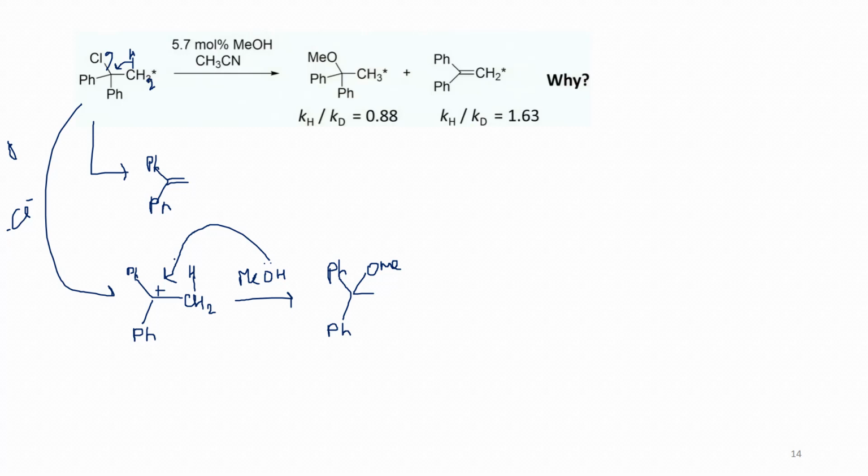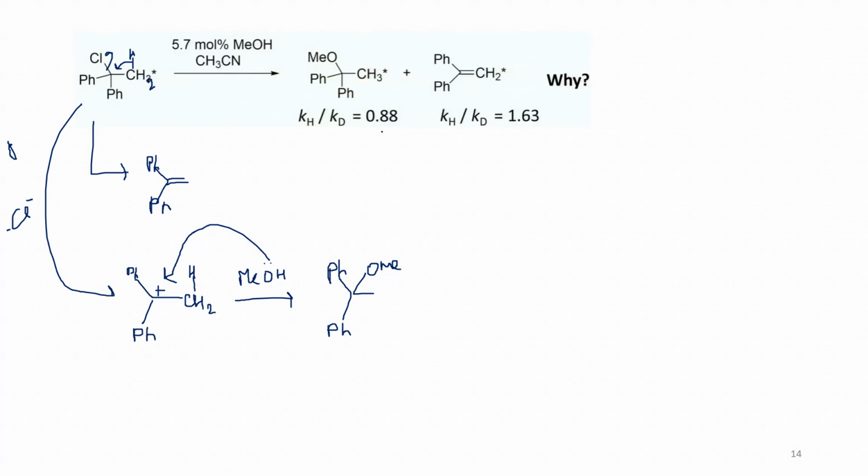Now, what is the kH by kD value that determines this? In this case, you can see there is a kH by kD value less than 1. When do we get a kH by kD value less than 1? When there is a secondary kinetic isotope effect. And whenever it is greater than 1, that means there is a primary kinetic isotope effect.